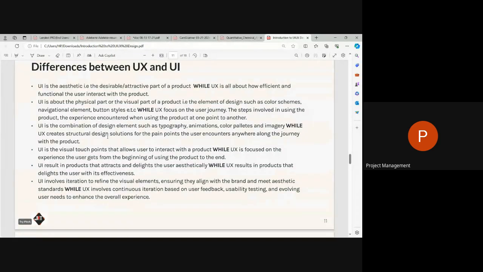The third one is that UI is the combination of design elements. Those design elements are our typography, our colors, color palettes, our imagery, our iconography, illustrations, videos, and all animations. So UI is the combination of design elements.